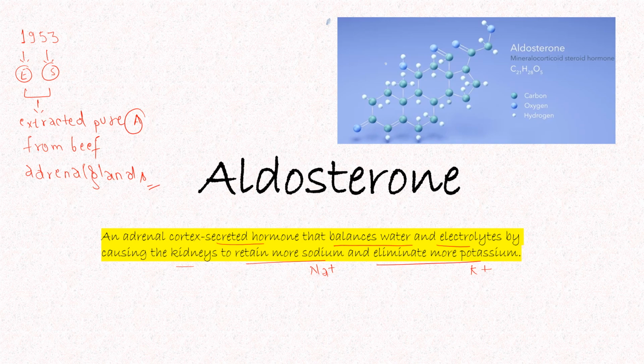In 1956, the structure was determined and it is produced by synthesizing other steroids.